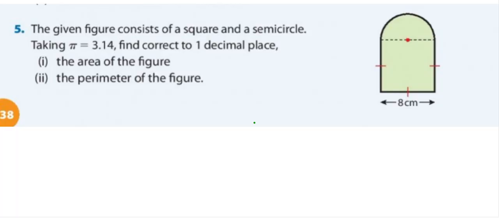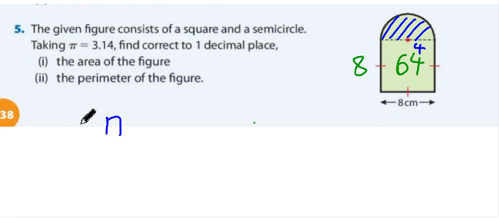Okay, pause. Now what I'm looking for is the area of this figure. So what I'm thinking I'm doing is, these lines mean it's a square. So the square part is 8 multiplied by 8? 64. Yeah, and the area of a semicircle, which is the area of a circle divided by 2. Now what's the radius of that circle? 4.